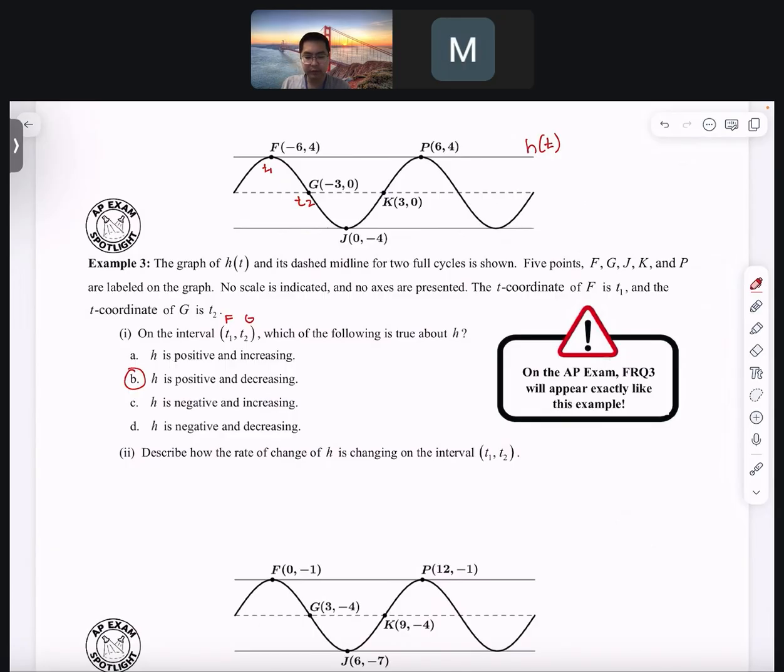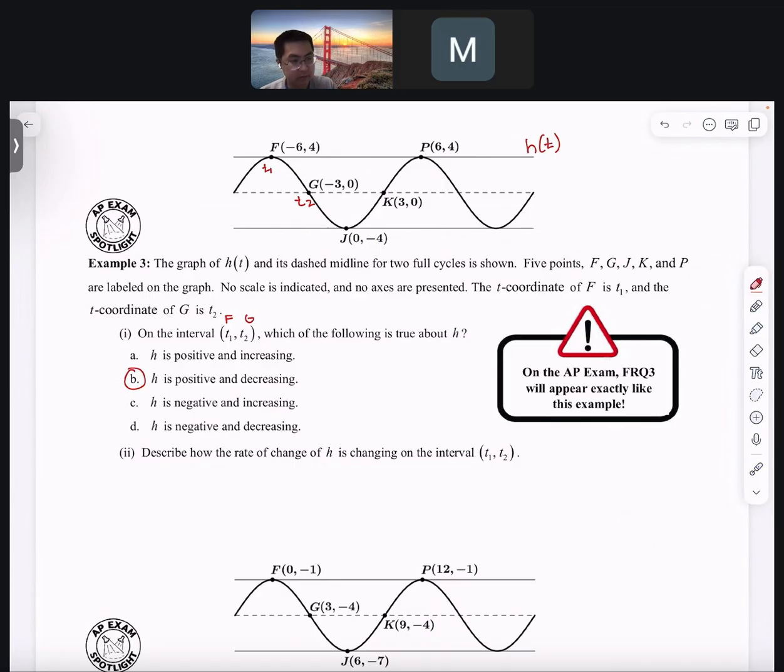Describe how the rate of change of h is changing on the interval from t1 to t2. Now, if we look at this, we're not looking at the graph of h, we're looking at its rate of change. It's part of a concave down graph, and if it's concave down, that means the rate of change is decreasing.